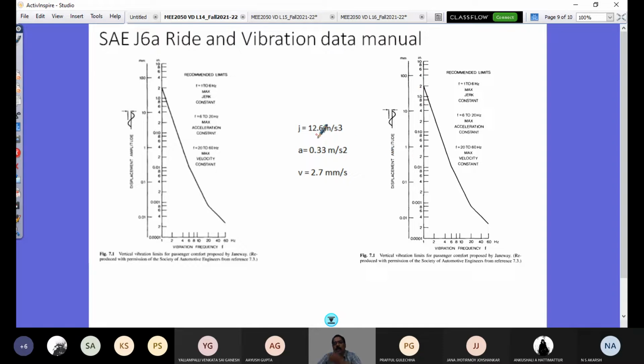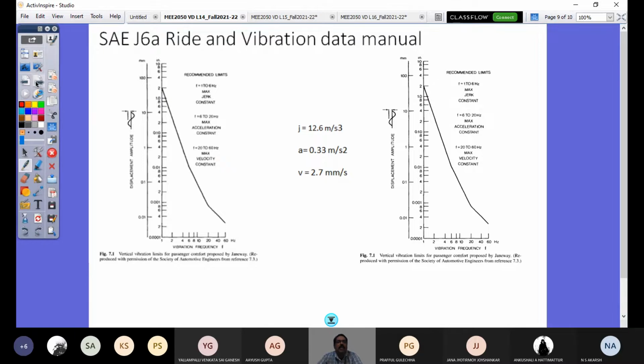When I say jerk, it has a relation with amplitude. Jerk equals amplitude times omega cubed, the circular frequency cubed. So if the excitation frequency is chosen and substituted correspondingly, you would get the displacement amplitude, and that should fall below this line for your vehicle. So this is the one standard from SAE as far as comfort is concerned.